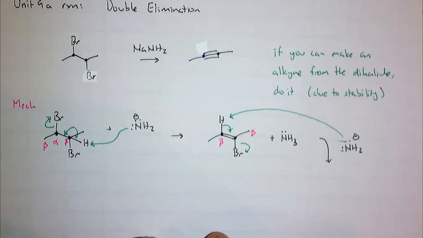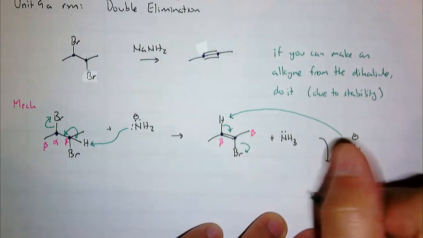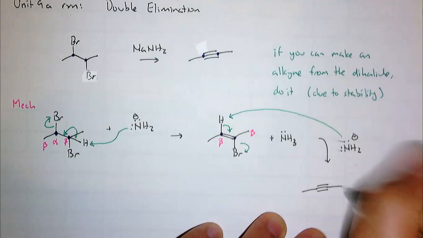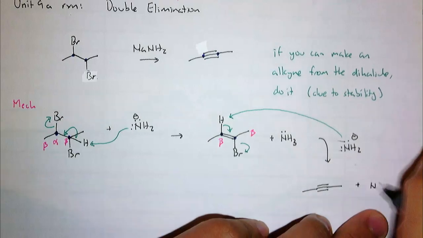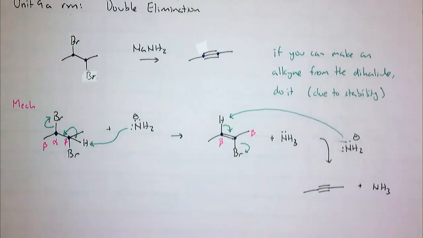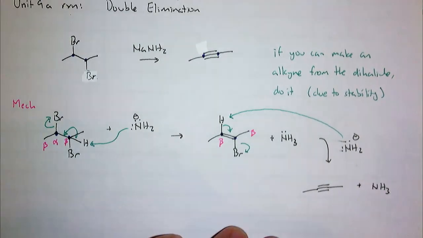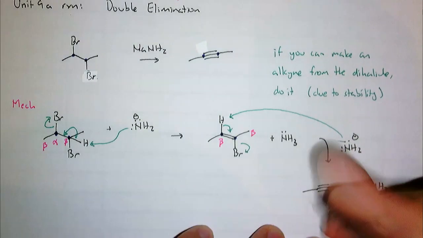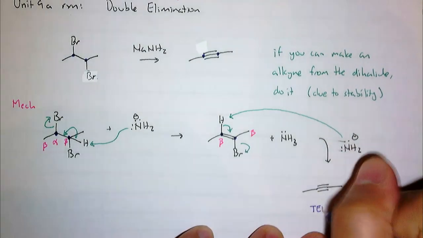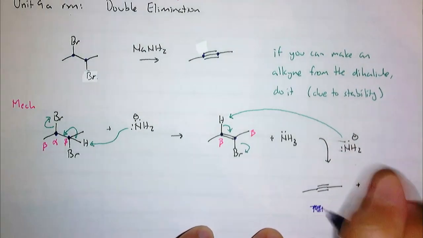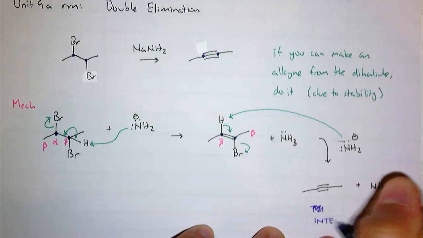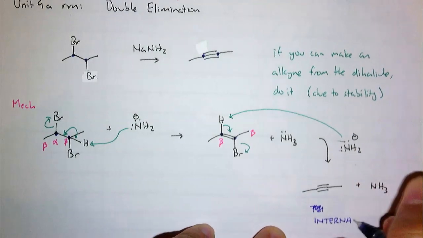Okay. And you see what we get? We do get our triple bond like this, plus another NH3. Okay. All right. So this is the mechanism. It's an internal alkyne. That's going to be important in just a bit.